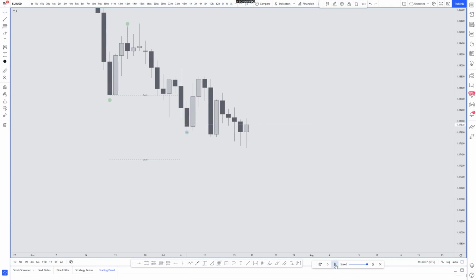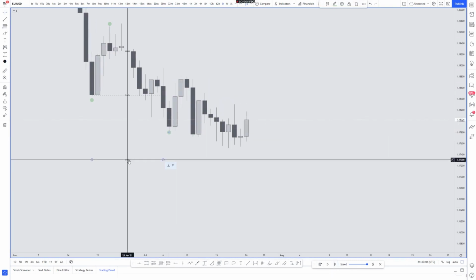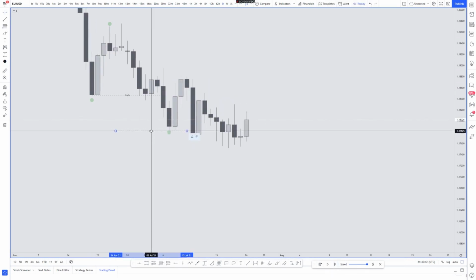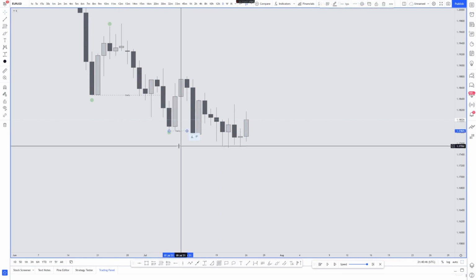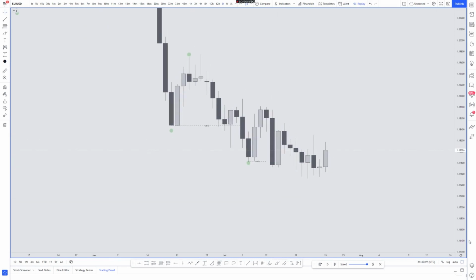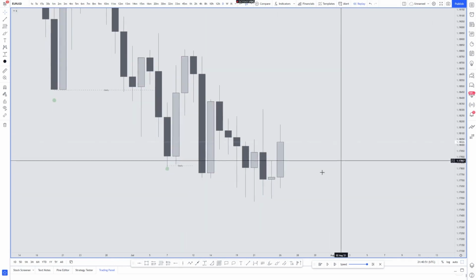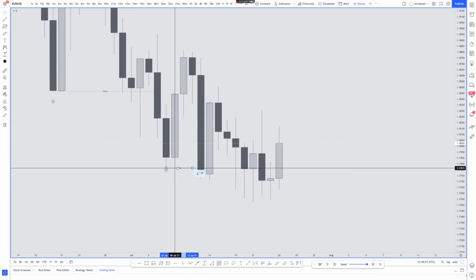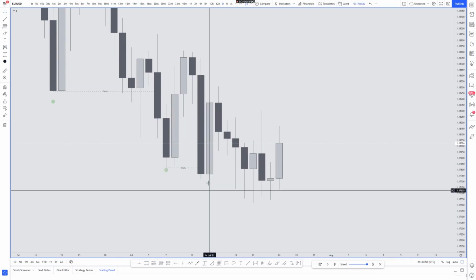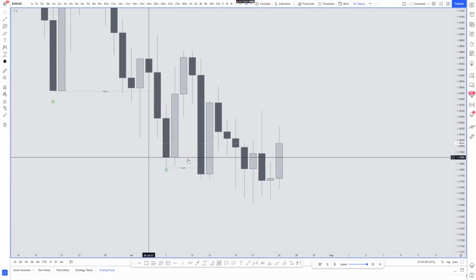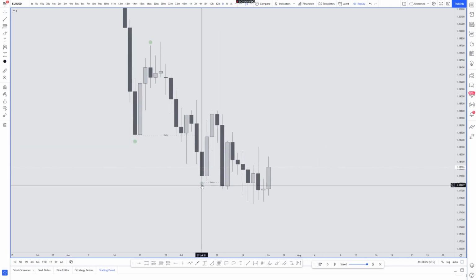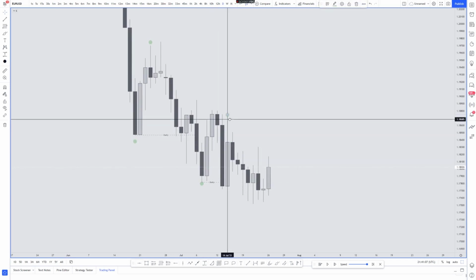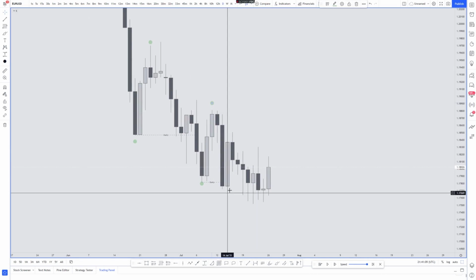Let's just see where this impulse ends. So this is one of those structure moments where I told you sometimes it's going to barely break it. If it breaks it with a candle body, it becomes structure. So I'm just going to zoom in, make sure everybody sees what I consider structure break. It doesn't matter if it broke it by 2 pips. If there is a candle body underneath this wick, that is new structure. And it doesn't matter what time frame that's on, it remains the same on every time frame.